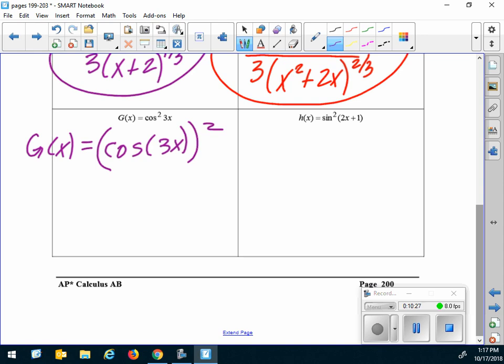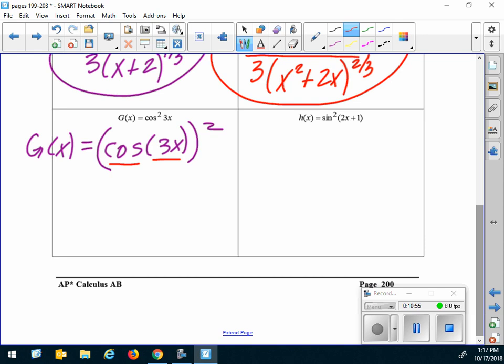That's what I'm squaring. Cosine of 3x times cosine of 3x. Ladies and gentlemen, this is a chain rule twice. This is an f of g of h of x. Yes, because 3x, and then I'm taking the cosine of that, and then I'm squaring all that. So this is an f of g of h of x.